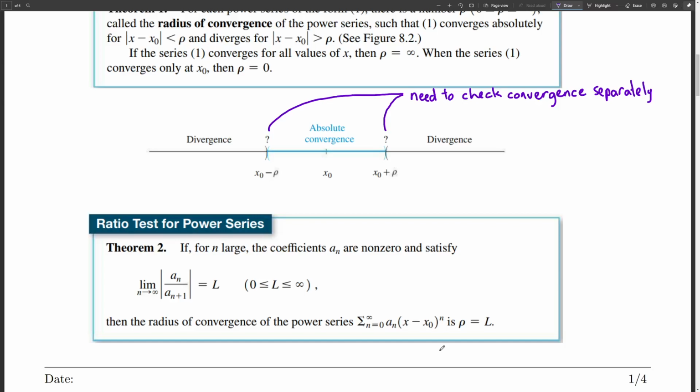So if for n large, the coefficients a sub n are non-zero and satisfy that the limit as n goes to infinity of the absolute value of a sub n over a sub n plus 1 equals L, where L is a value between 0 and infinity, then the radius of convergence of the power series sum from n equals 0 to infinity of a sub n times x minus x naught to the power n is rho, and rho equals L in this case.